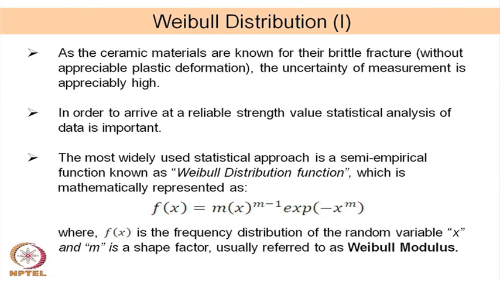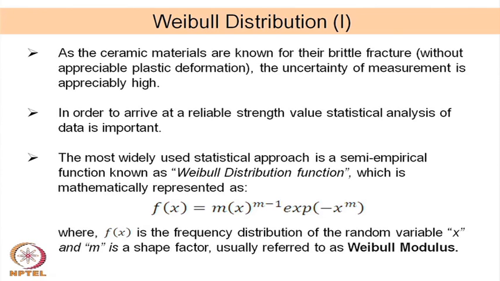The most widely used statistical approach is a semi-empirical function known as the Weibull distribution function. It is normally used to analyze the reliability of the data points and the reliability of the properties as such.